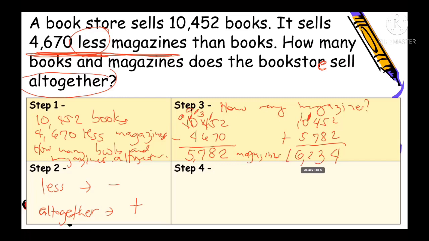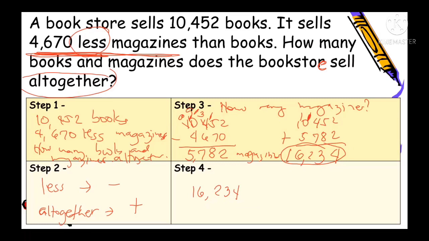So we have the number. Read the number, please. 16,234. Is that our final answer? No. So let's put here 16,234. But what will be its partner here, or partners?